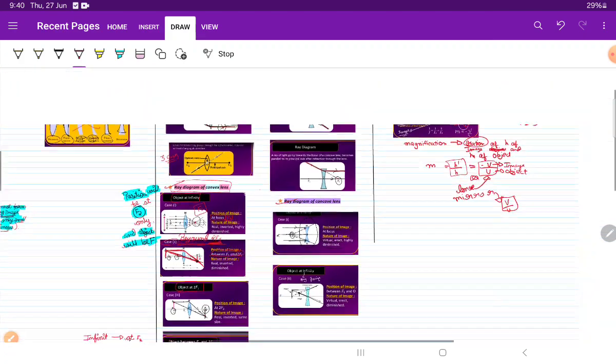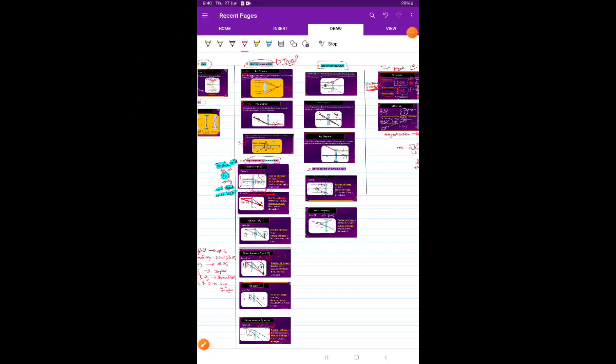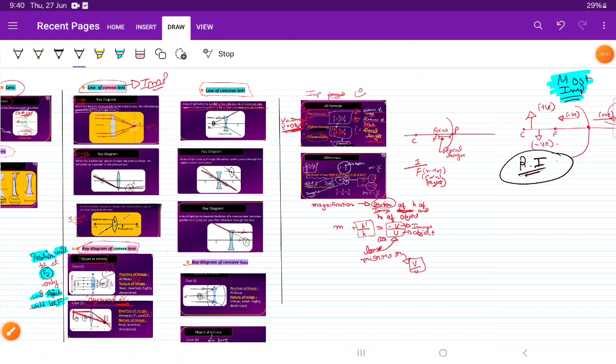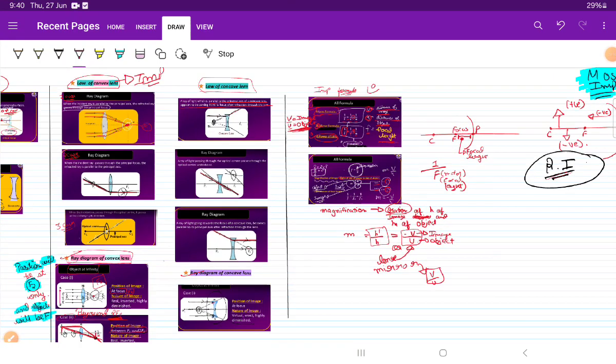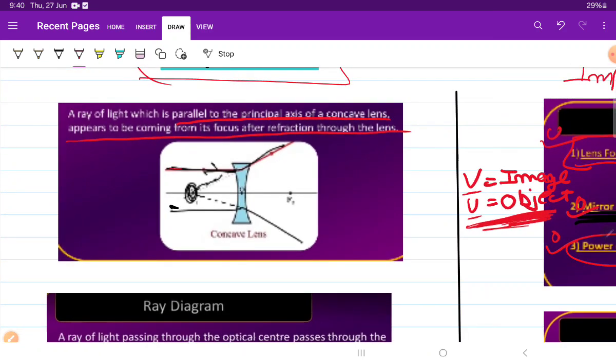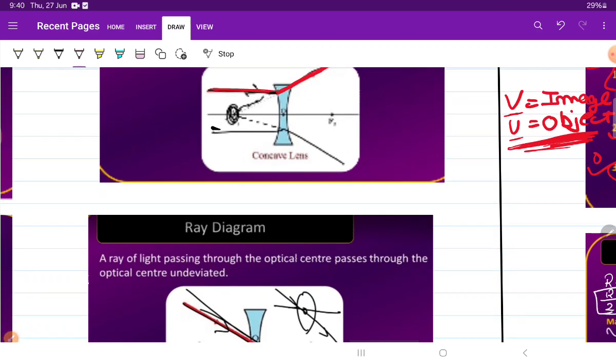Now let's quickly move on to the laws of concave lens. The first law tells us that if any ray is parallel to the principal axis, then it will diverge and go far away from the principal axis.